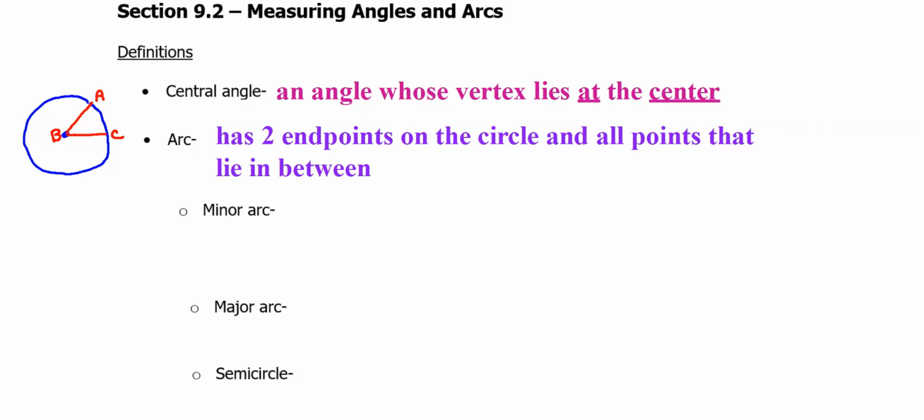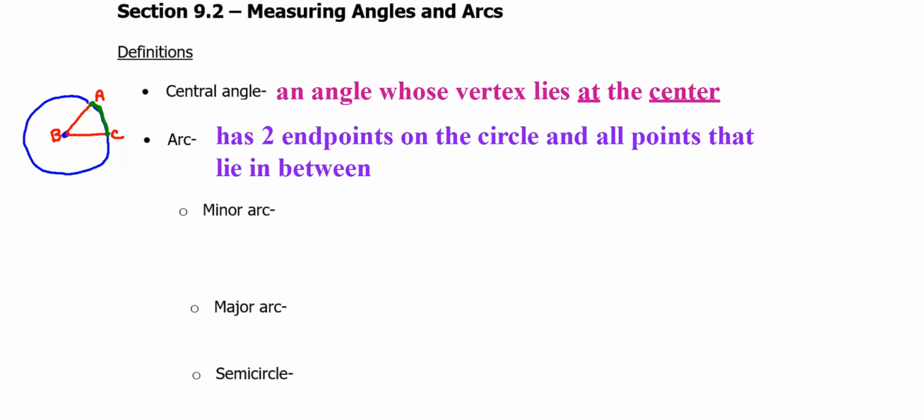The next definition is an arc, and it has two endpoints on the circle and all the points that lie in between. So if I had on this example here, here's point A, point C, and then all the points in between would be arc AC.